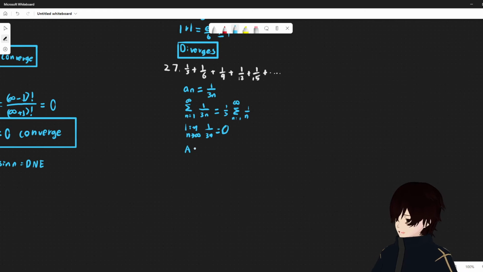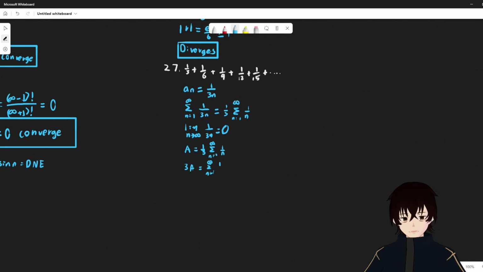It says if A is equal to 1/3 the sum from n equals 1 to infinity of 1 over n, then 3a is equal to the sum, but that doesn't have any contradictions.